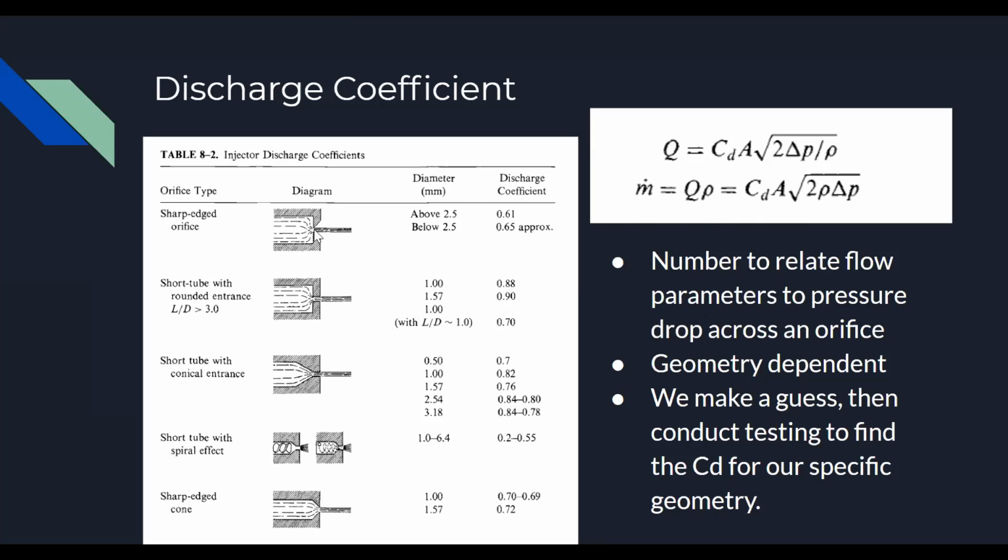If you keep the geometry the same and scale it up, the discharge coefficient will be the same. Even if you are testing with water, but you're actually using LOX, the discharge coefficient will be the same, and you just plug in numbers here to get what the actual pressure drop would be if you're keeping the mass flow constant, or if you want to keep the pressure drop constant, what mass flow you should use.